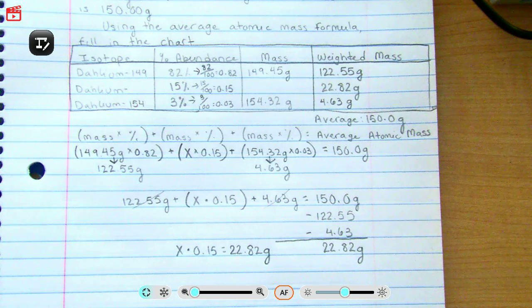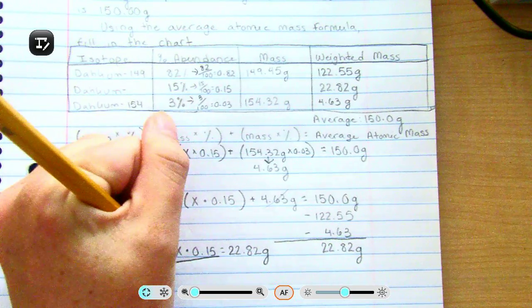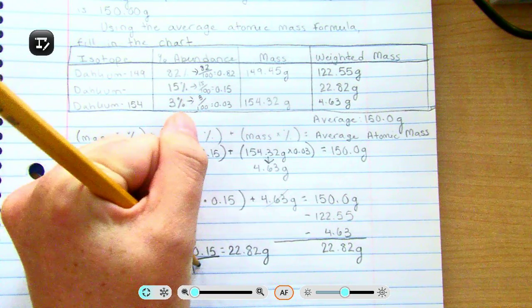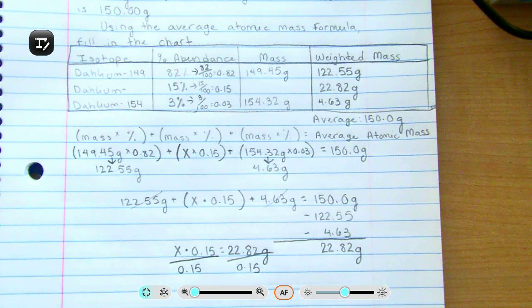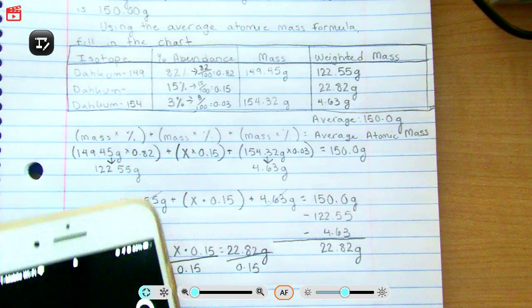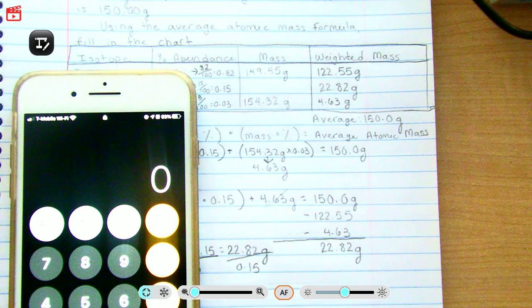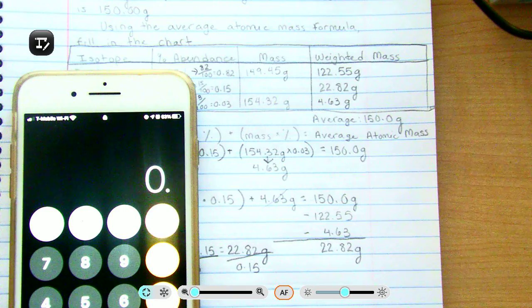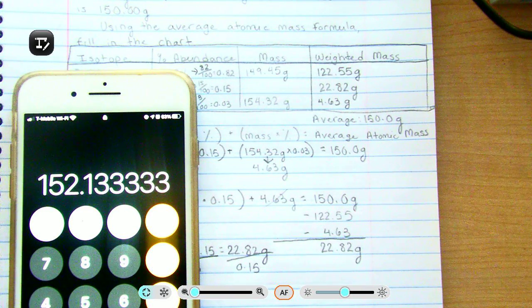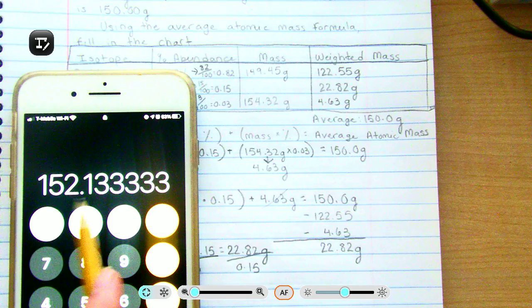To solve for our mass, to solve for our variable, all we have to do is get our variable by itself. So we're going to divide by 0.15 on both sides. So then, lastly, 22.82 divided by 0.15 is going to give us 152.133333.